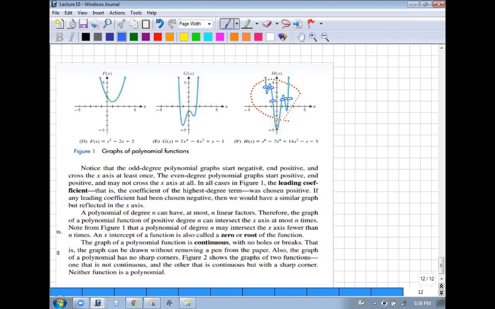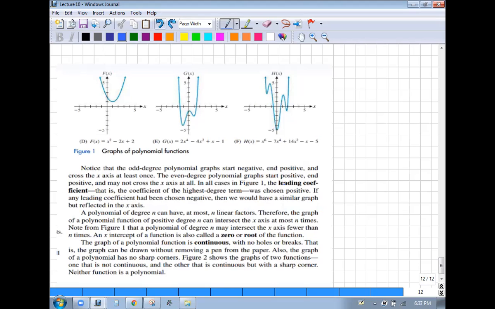I'm counting one of them twice. Anyhow, it should have 6 wiggles. We kind of get an extra one in there because if you set this thing equal to 0 and solve for x, you would get 6 answers. Doesn't necessarily mean you have 6 roots because like up here, this wiggle is above the x-axis. Okay.